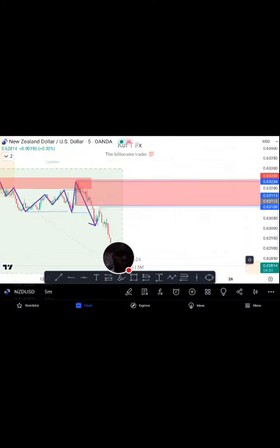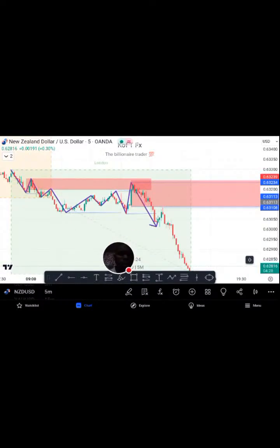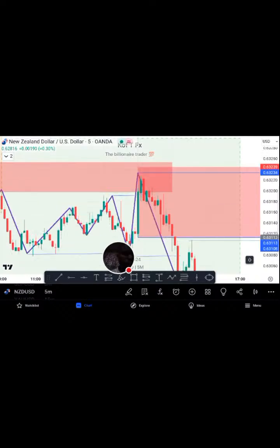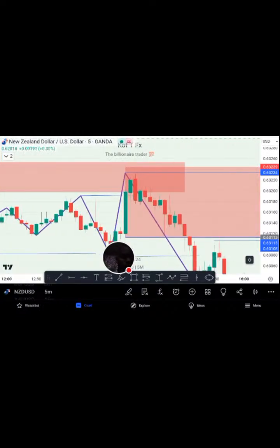Even looking at the 5 minutes, it is still the same thing. The old green candle, I hope you can see it. You can see the green candle. So that's our entry. No need of adjusting.